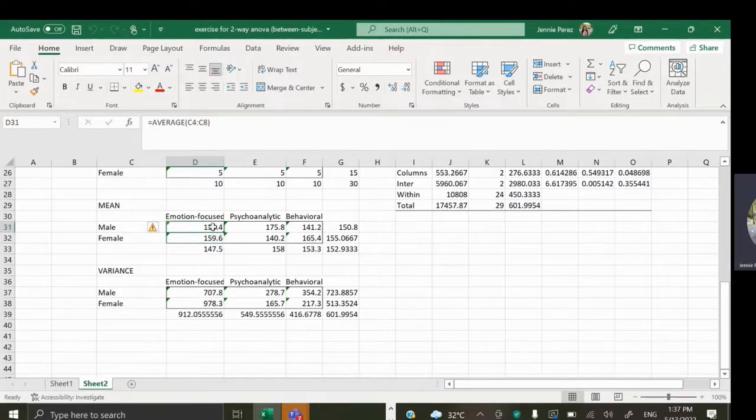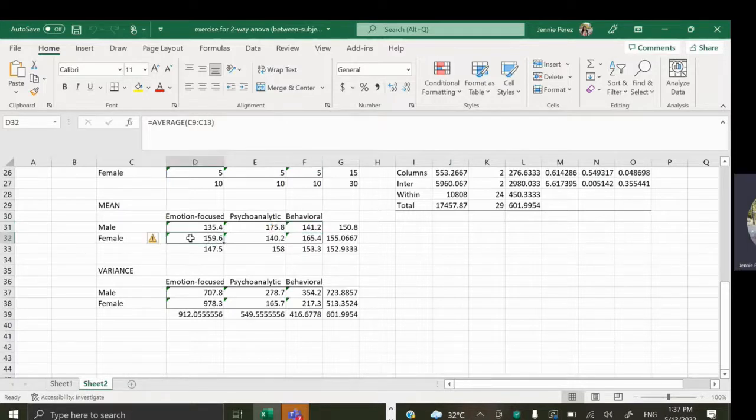Okay, so this is the grief mean score for the group who had a male counselor using emotion-focused counseling. And this is the grief mean score of clients who had a male counselor using psychoanalytic counseling. And the other group, this is the mean score for the clients who had male counselors using behavioral counseling.